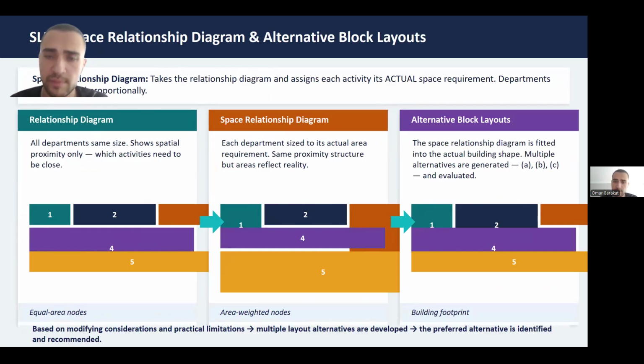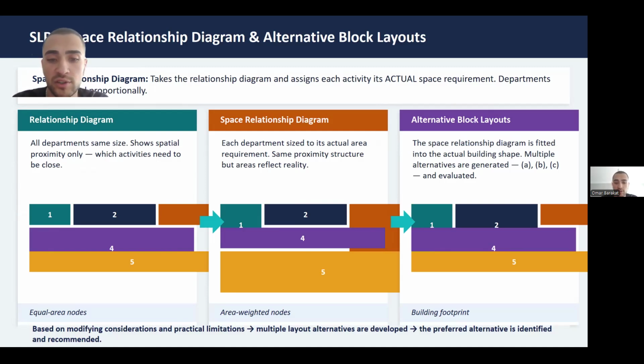So, let's talk about the space relationship diagram. The relationship diagram treats all departments as equal in size. That is not realistic. A warehouse is not the same size as an inspection room. The space relationship diagram corrects this. Each node in the relationship diagram is resized to reflect its actual area requirement. A department requiring 1750 square feet gets a much larger block than one requiring 75.